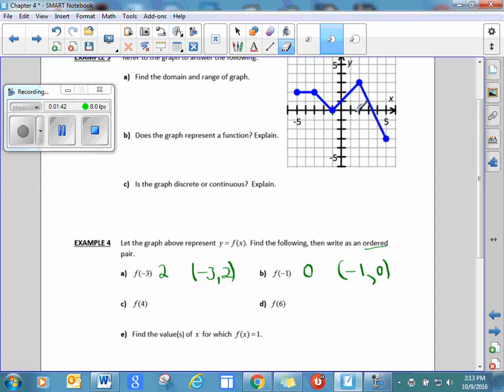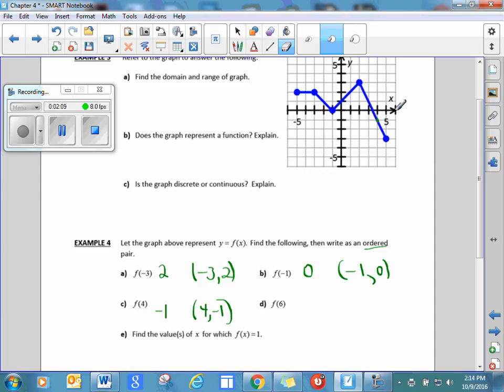So if we go over 1, 2, 3, 4, and we go down to this point right here, which represents -1 on the y-axis, that gives us our answer of -1, and the ordered pair is +4, -1. The last example is where do you hit the y-axis when your input is 6?